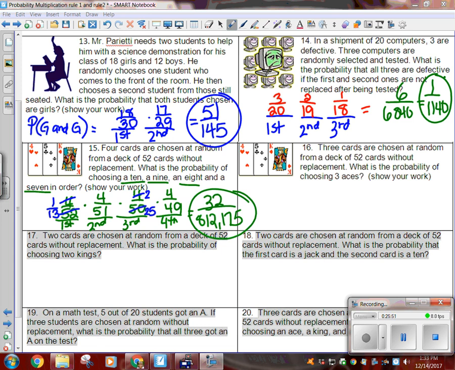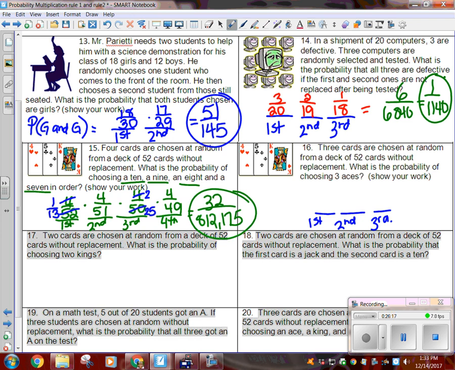Let's just make sure in these last few examples that you know how to set them up. You tell me what to write. How many cards am I picking in number 16? 3 cards. So I'm going to leave a space for my first choice, my second choice, and my what? Third choice. What's the odds of getting an ace? And it says 3 aces. That's like pulling 3 aces in a row. What's the odds of doing that?